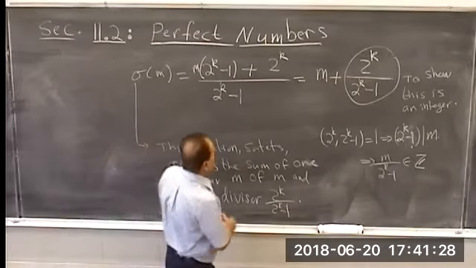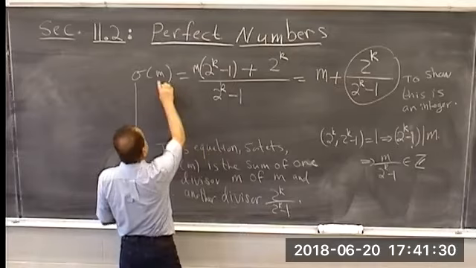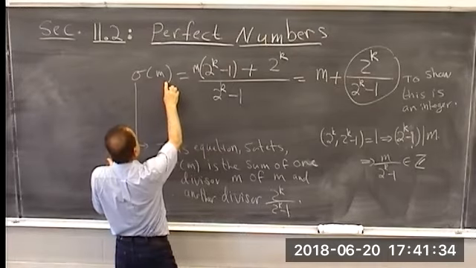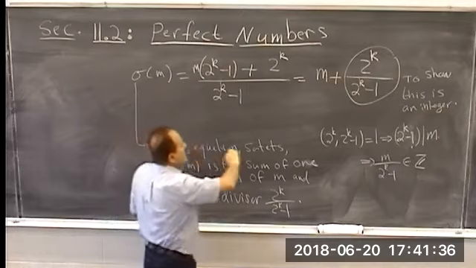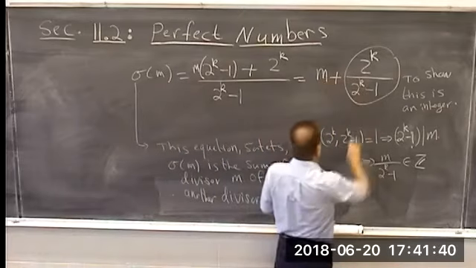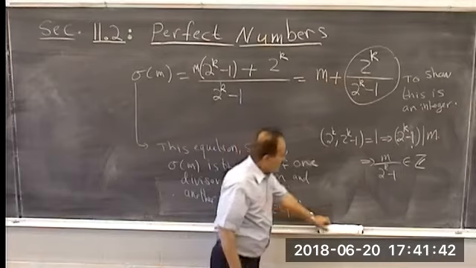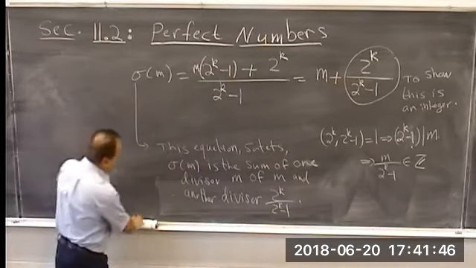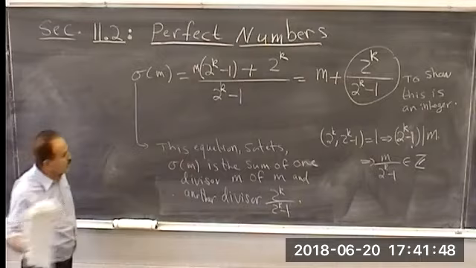And this is it, because that's what sigma of m is: the sum of the positive divisors of m. This equation is saying that m is one divisor and here's the other one. This means that m has only 2 divisors.